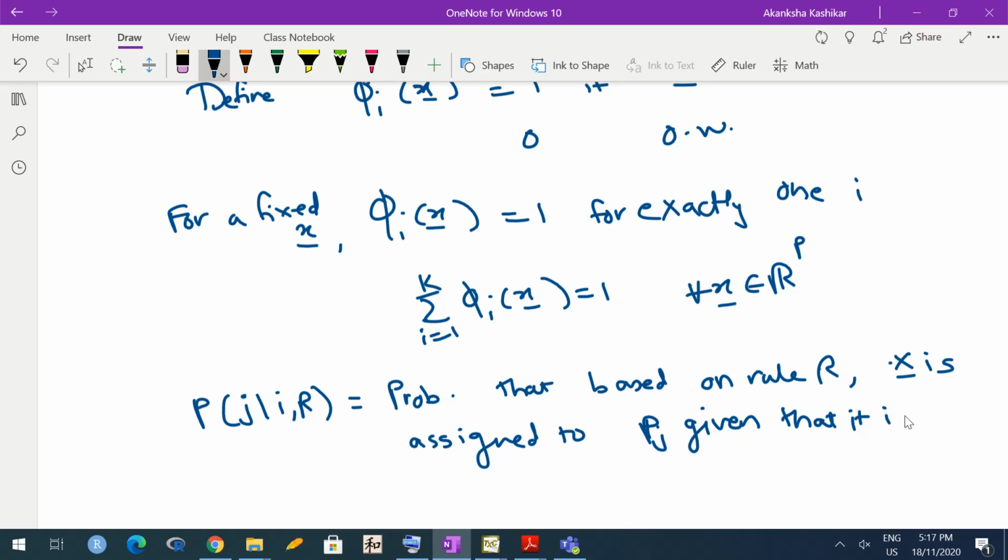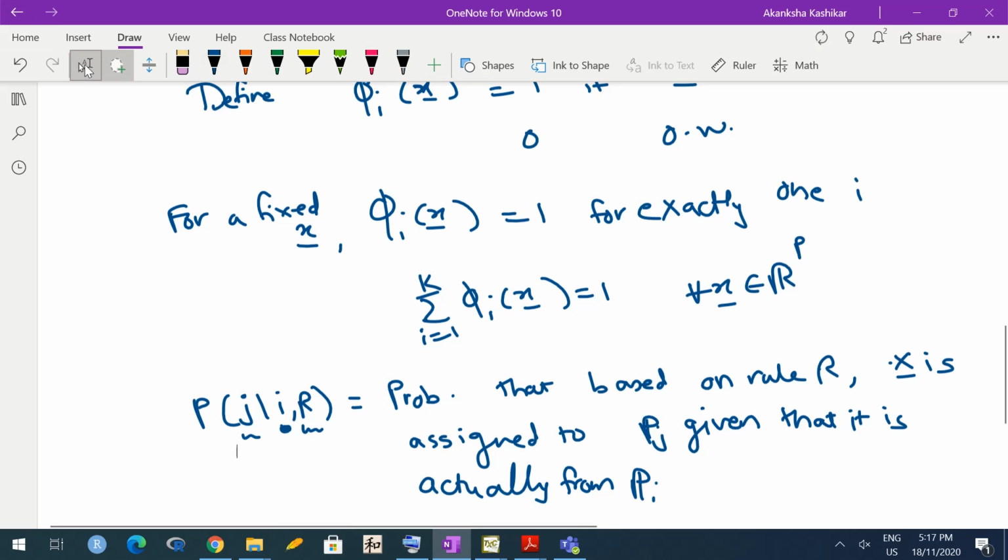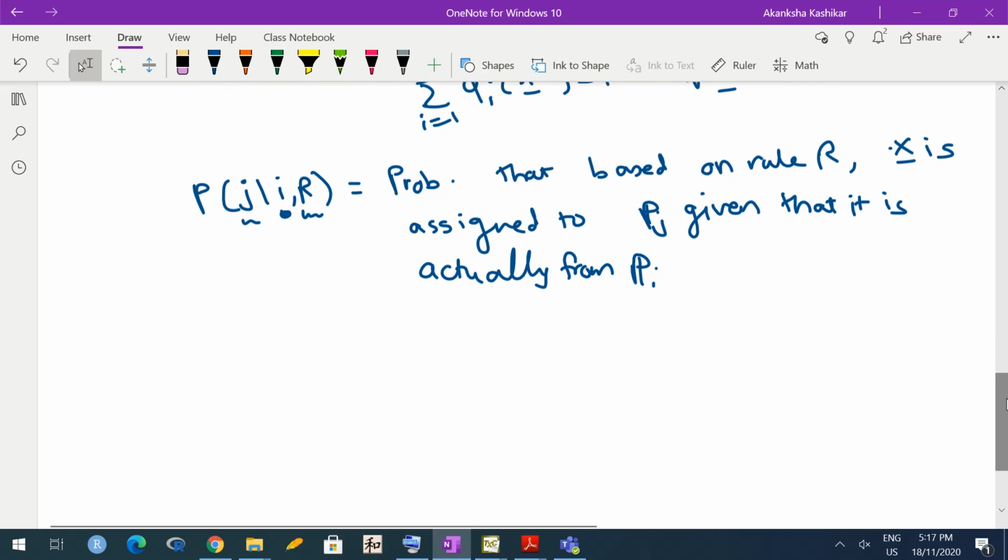Let me repeat. Based on the rule R, we are assigning an observation actually coming from population i to population j. So if i and j are not equal, then this becomes a misclassification probability.